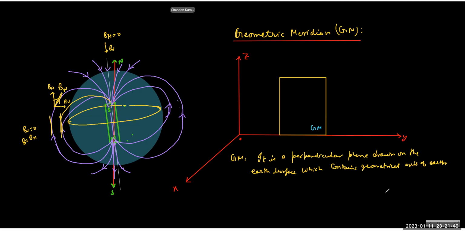Now at the same point where you are standing, if you draw a plane which contains the magnetic axis of Earth, we call it magnetic meridian or MM. So the second definition, again you can do a similar definition.